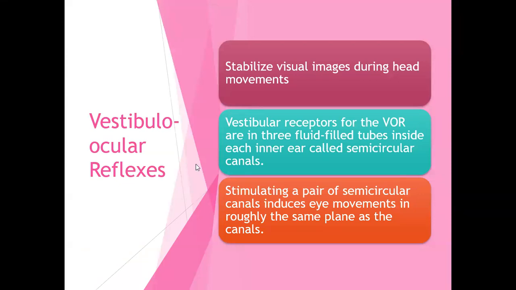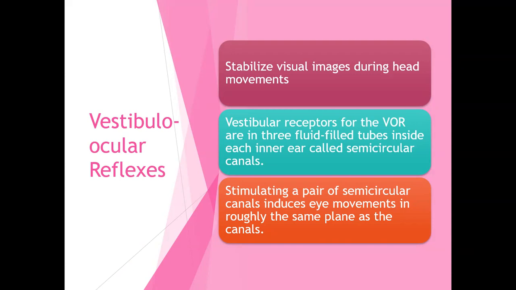The vestibular ocular reflex takes information from the vestibular nerve and from the vision system. It stabilizes visual images during head movements. That totally is useful out in the real world. As you're moving around, you have to be able to focus on things. So the vestibular ocular reflex does that.